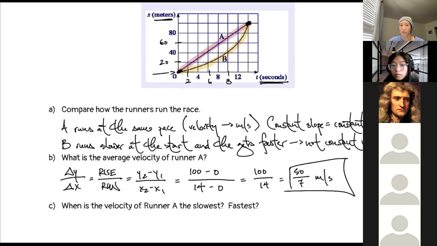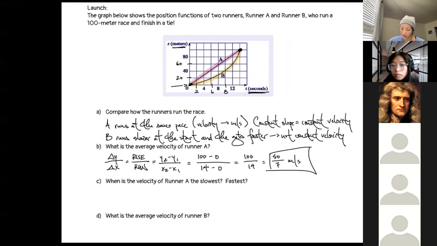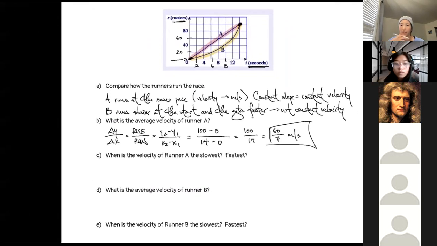Now, since Austin mentioned this, as a refresher of what Austin said, he said that the average velocity of runner A is actually the same as the average velocity of runner B, because they start and they finish at the same time and the same distance.